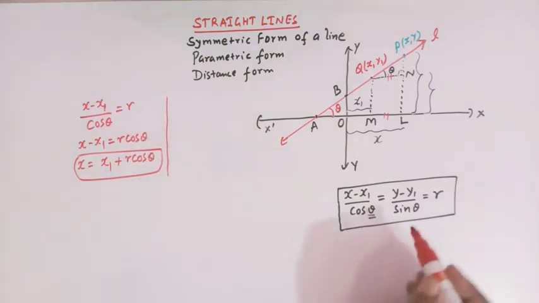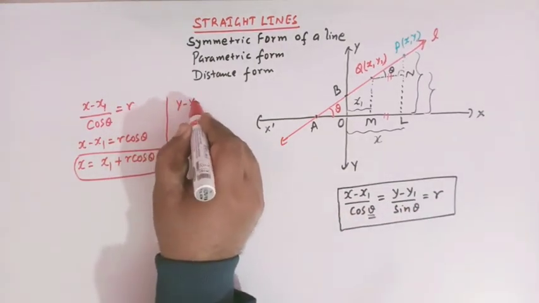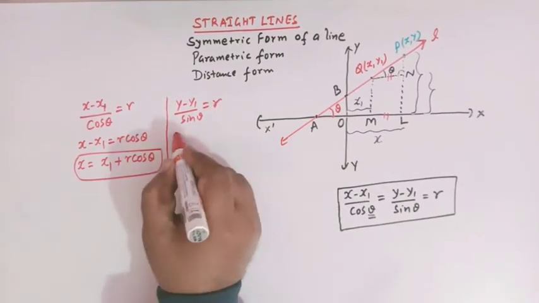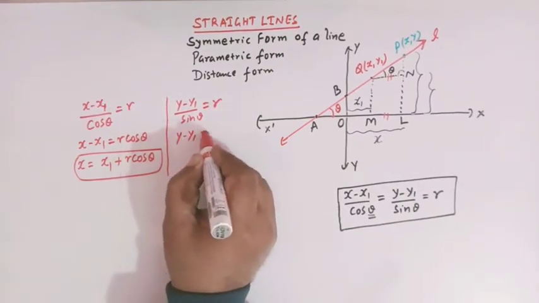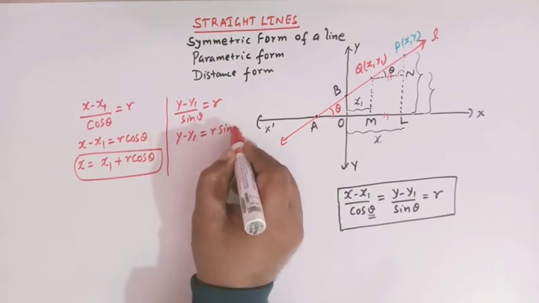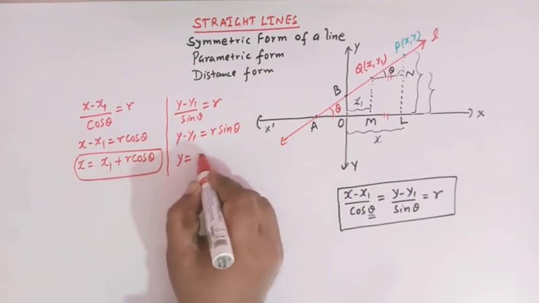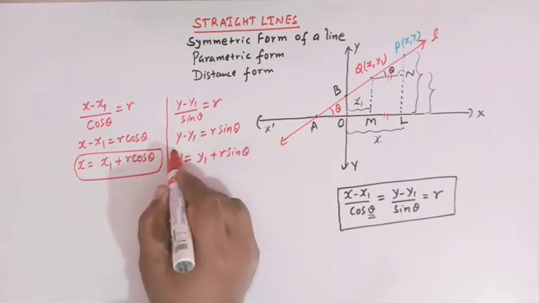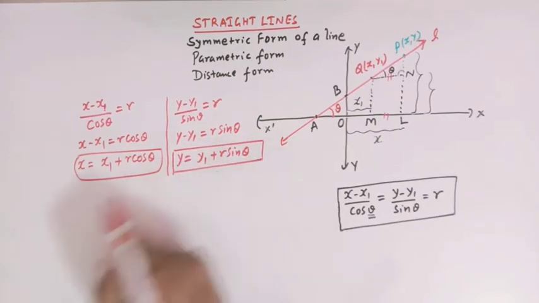Let us now write (y minus y1) over sine theta is equal to r, and we can write y minus y1 is equal to r sine theta, so y is equal to y1 plus r sine theta, and we have now the value of y.